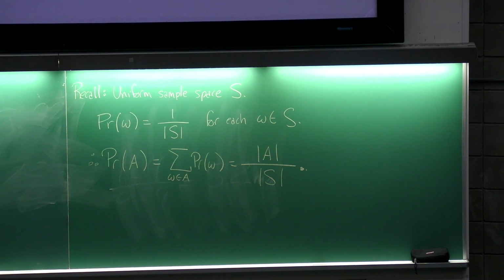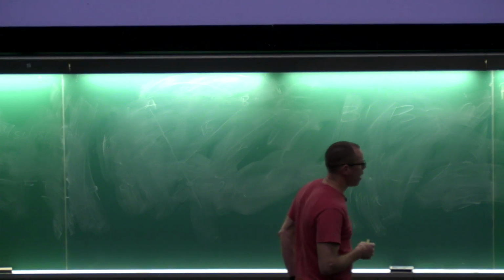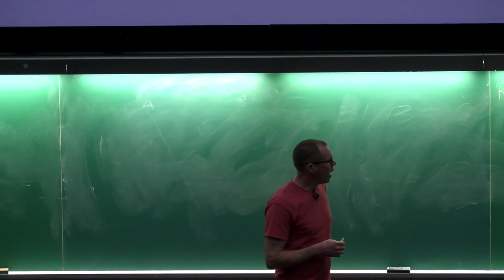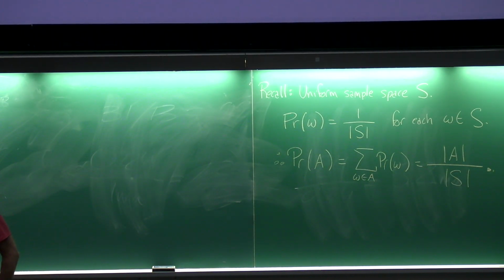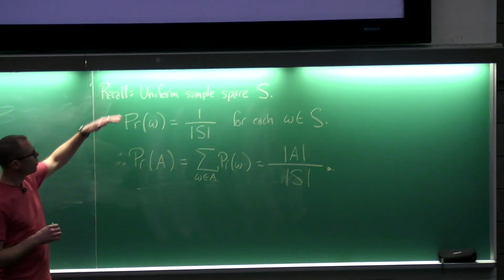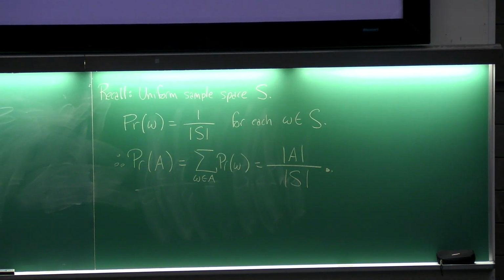Okay, so today we're going to pick up where we left off now more than 2 weeks ago. We sort of left off where you had just learned the basics of probability. I'll remind you of a couple of things. We have this thing called a uniform sample space. That's a finite set along with a probability function.